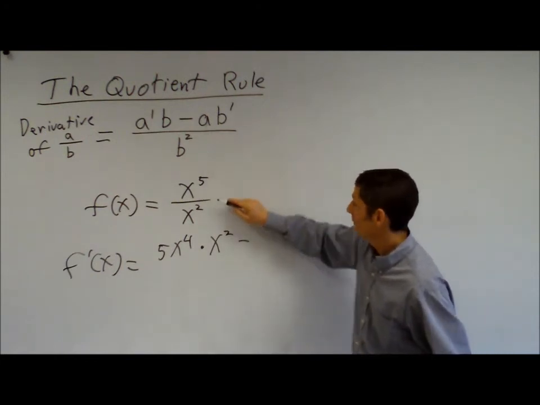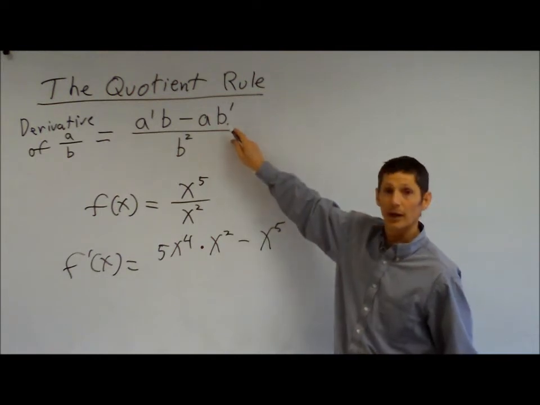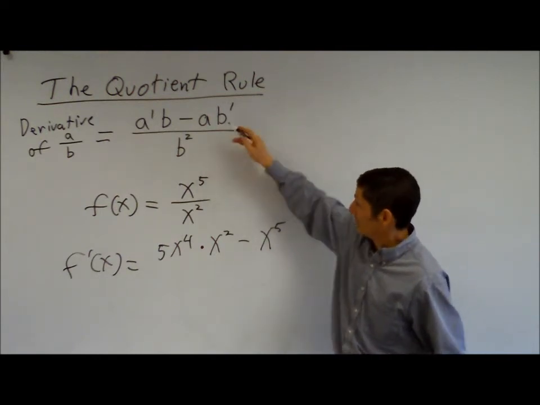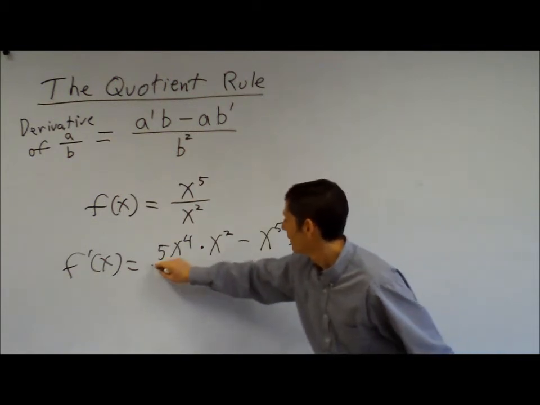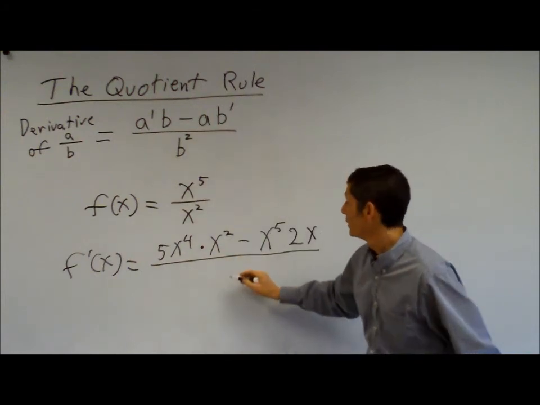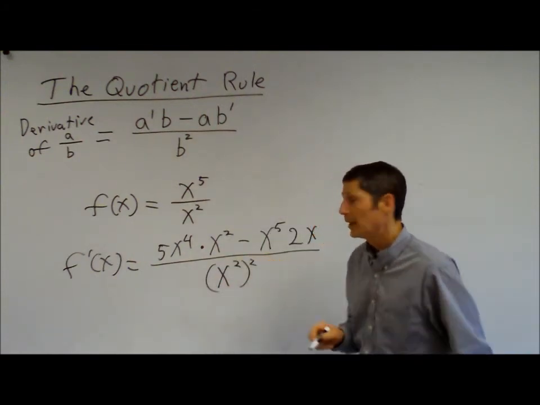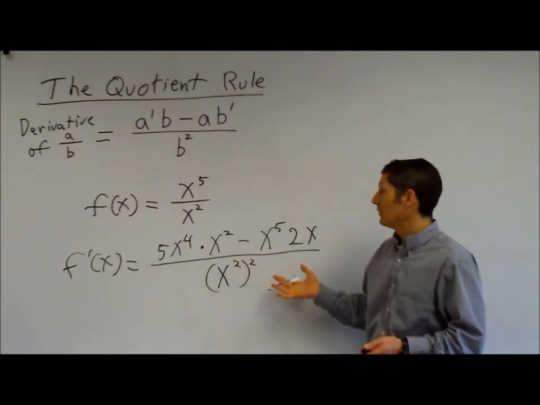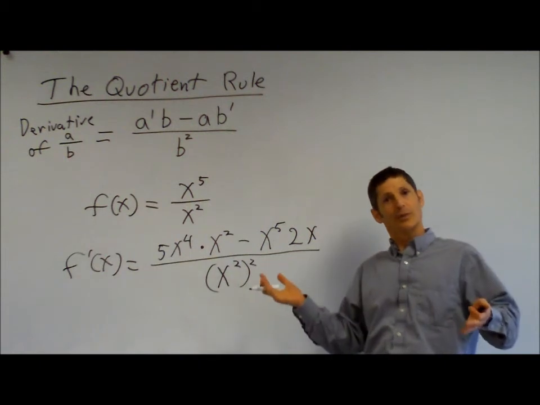The top, it's just x to the 5th, times the derivative of the bottom, that's the bottom right there, all over the bottom squared, B squared. So I have x squared squared. Well, I could just leave it like this. This is really the derivative, but let's see if I can simplify it a little bit, shall we?